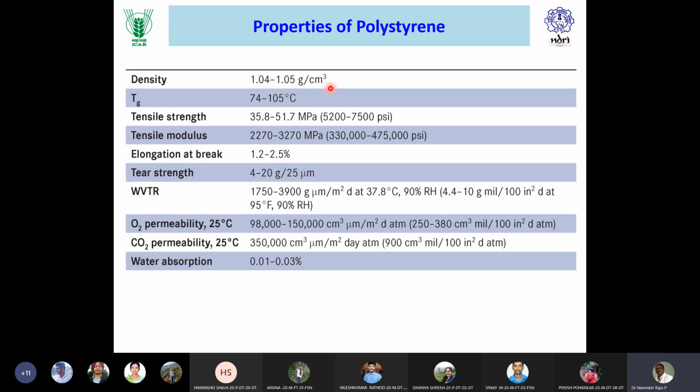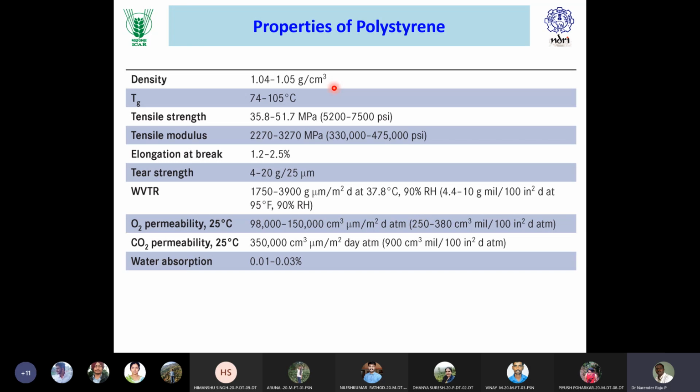It is denser compared to polyethylene or polypropylene. The density is around 1.04 to 1.05. But when you talk about foamed polystyrene, that is EPS, the density is much lower compared to this material.